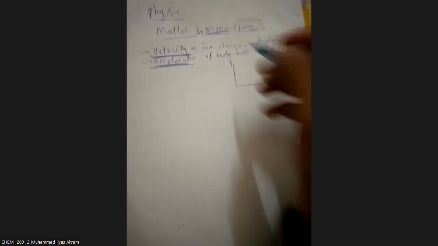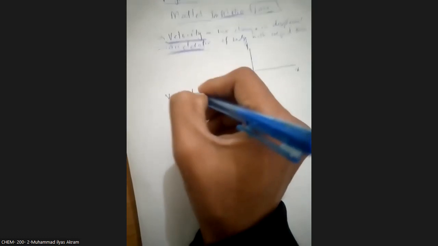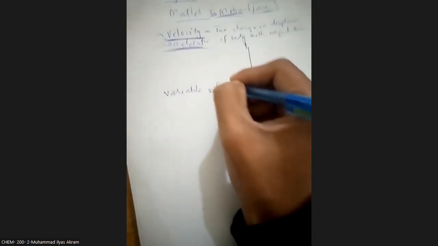And we can represent its graph in the form of y and x axes, and velocity can be of maybe any type. We can say variable velocity, uniform velocity.